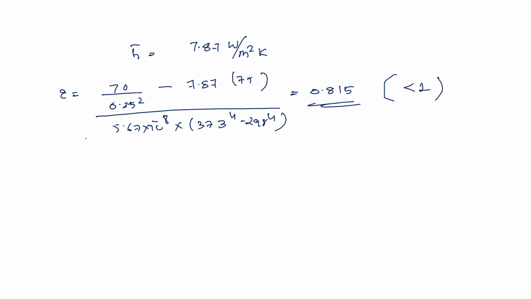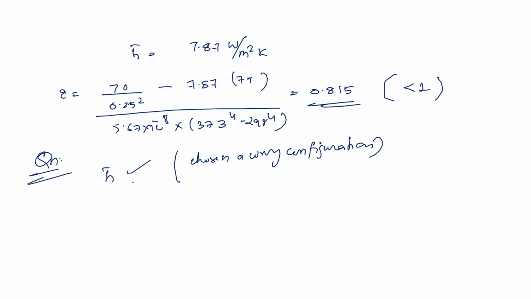So another question could have been like this: if you take H bar wrong, somehow you have chosen a wrong configuration, what would have happened to epsilon? You have to try a different configuration and see.